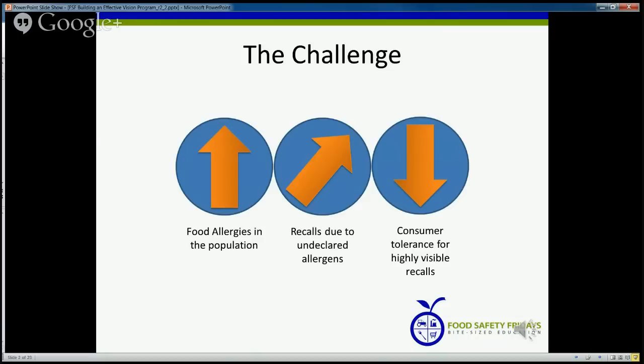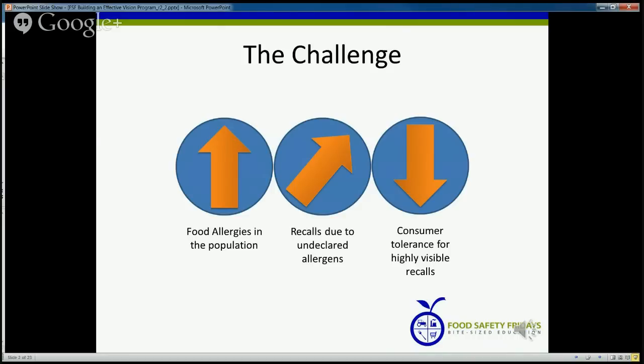Label mix-up is even more commonplace than these numbers would suggest, but it is primarily a concern here with allergens because there is liability that comes with a mix-up when an allergen is involved, where it wouldn't necessarily be when an allergen is not involved. But a mix-up on a food that does not have an allergen concern is still a potential damage to a brand.